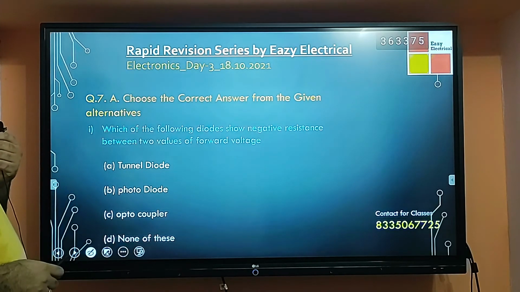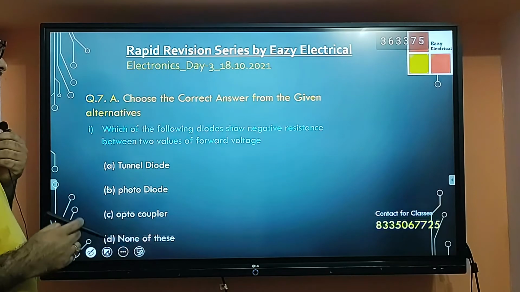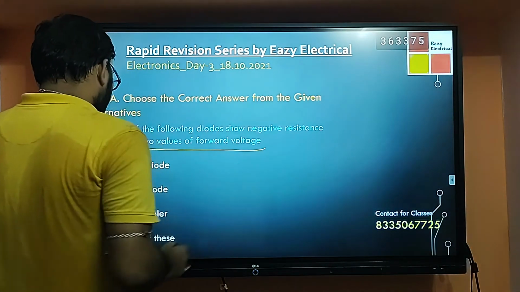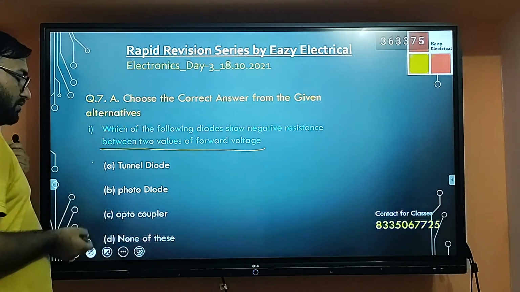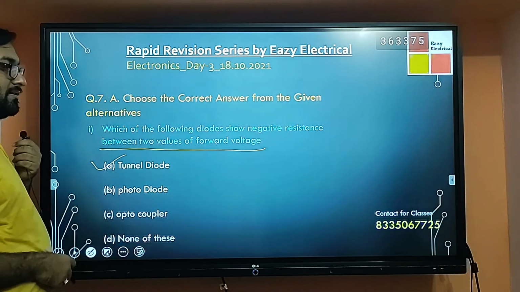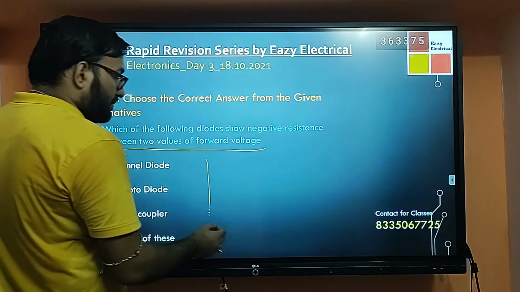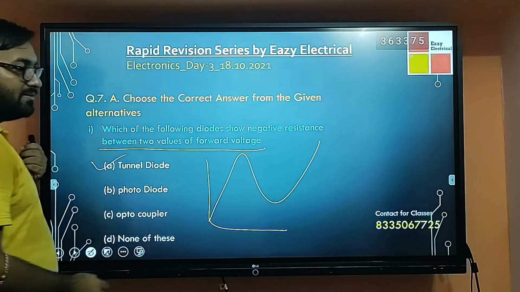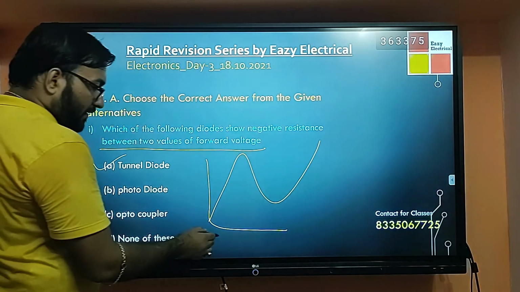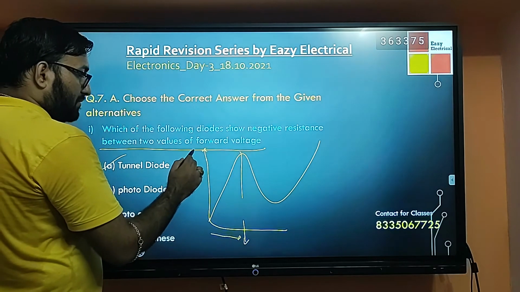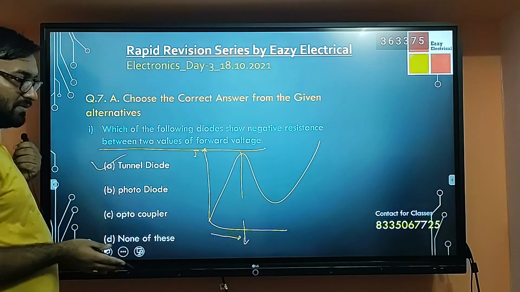Now, which of the following diodes shows a negative resistance between two values of the forward voltage? Basically, your tunnel diode. A tunnel diode is a diode where you can observe negative resistance characteristics, as shown here. For certain values of the voltage, we can observe the common nature, that means linear characteristics.